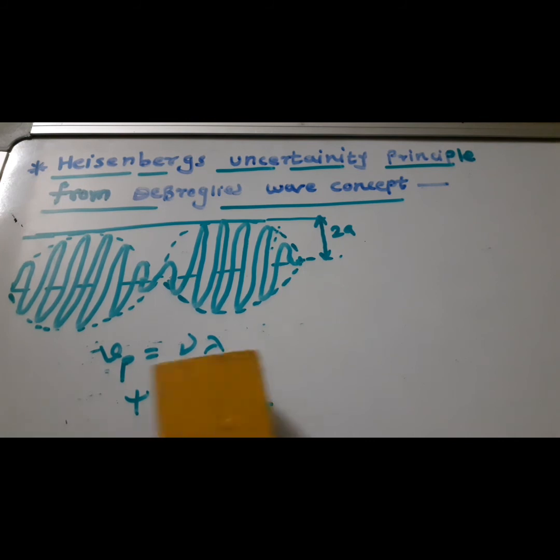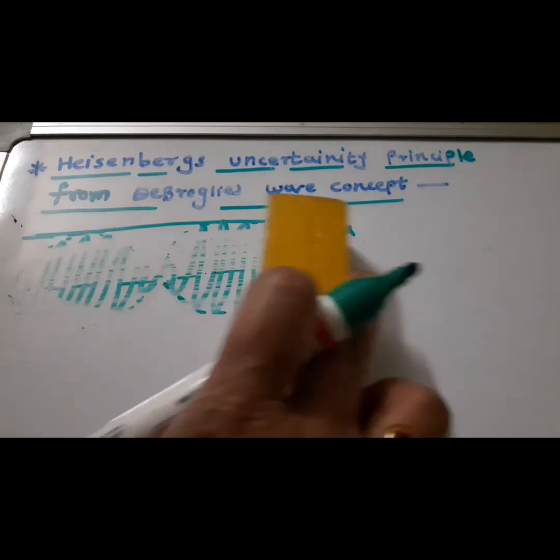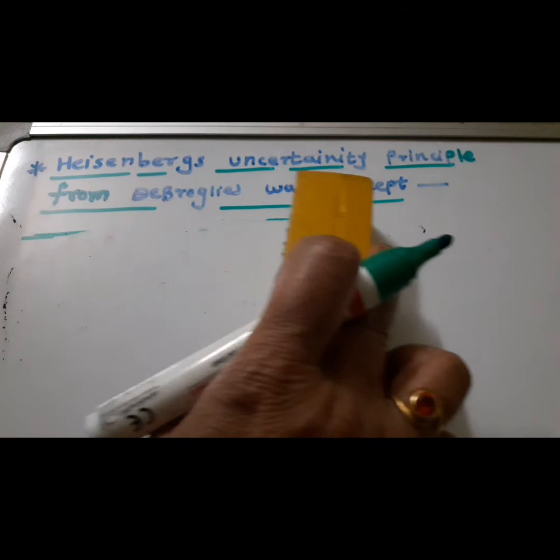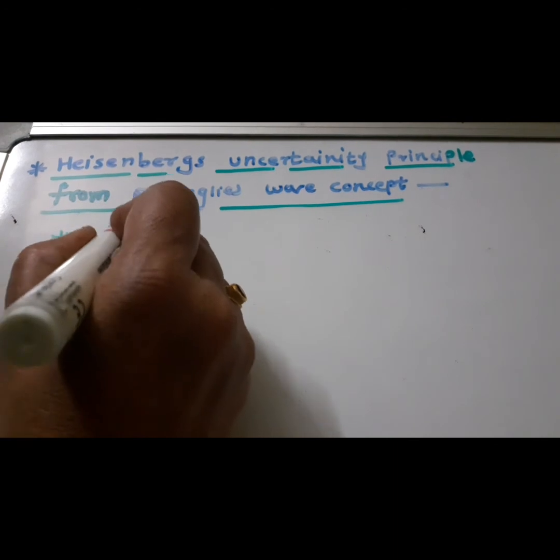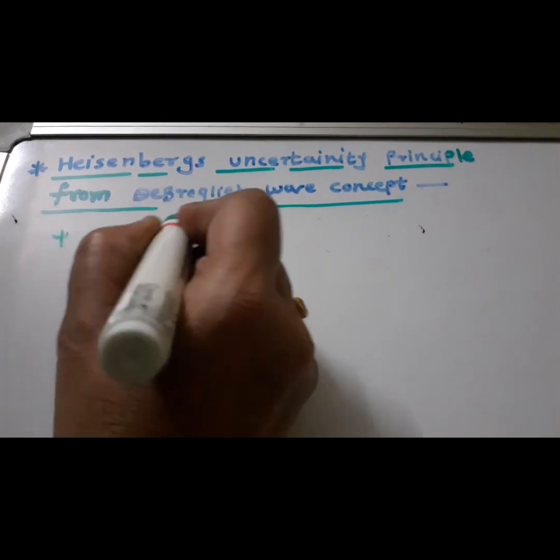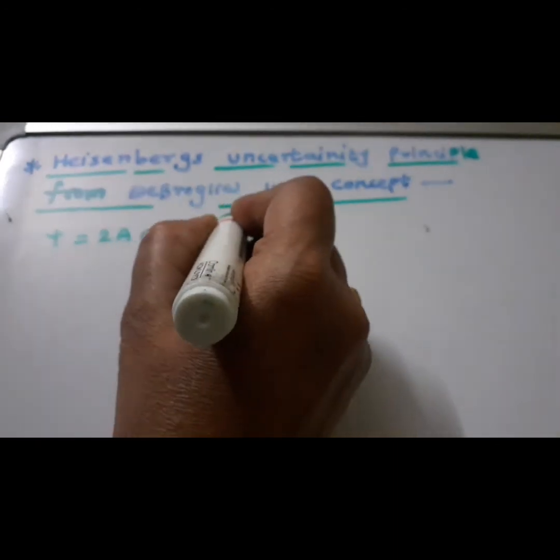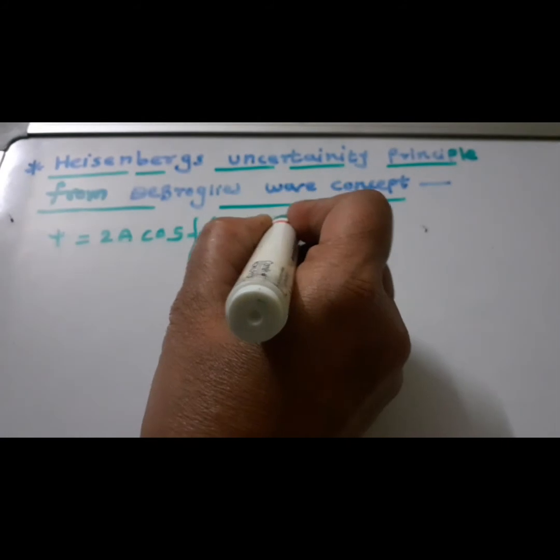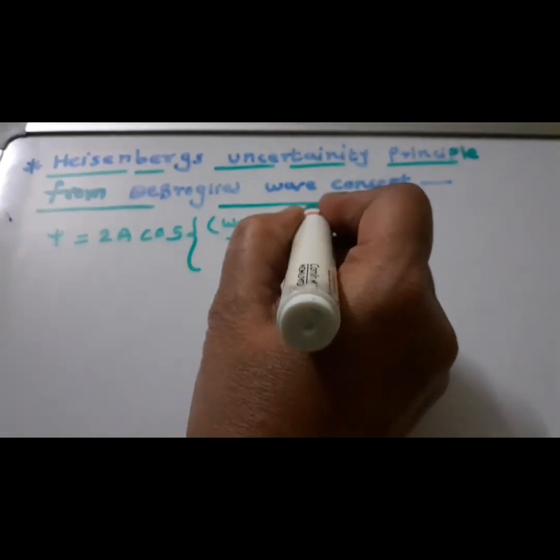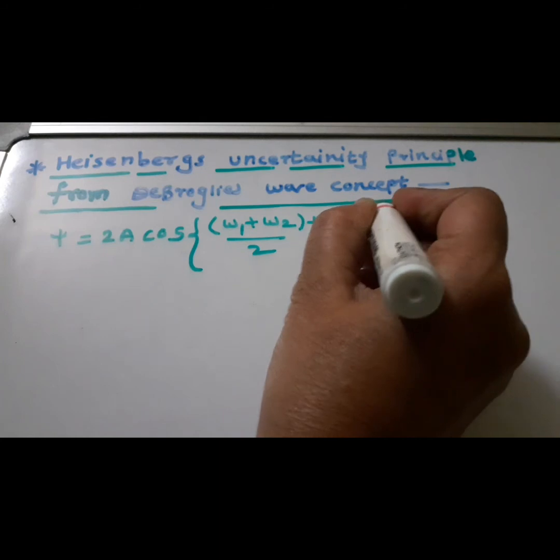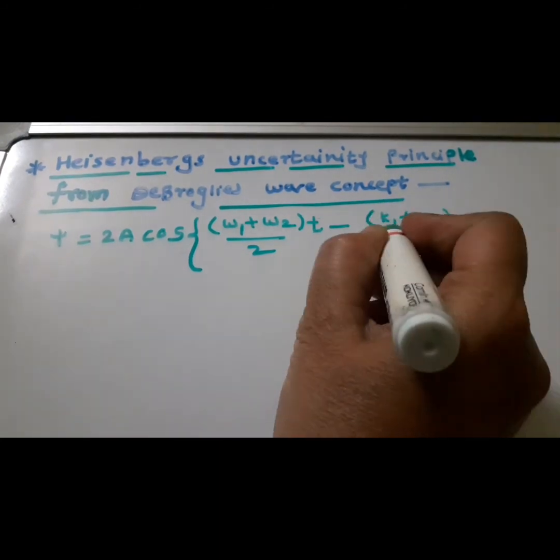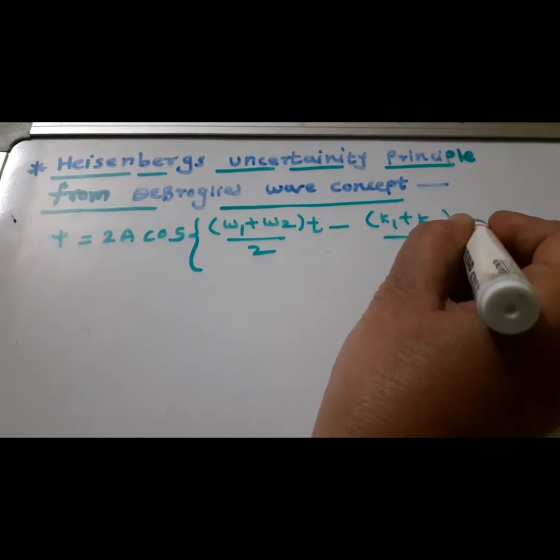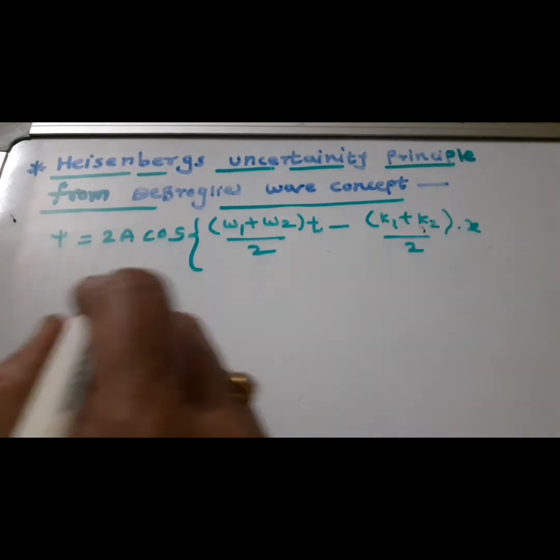By using it, we can write equations 1 and 2 as psi is equal to 2a cos of omega 1 plus omega 2 divided by 2 into t minus k1 plus k2 divided by 2 into x, isn't it?